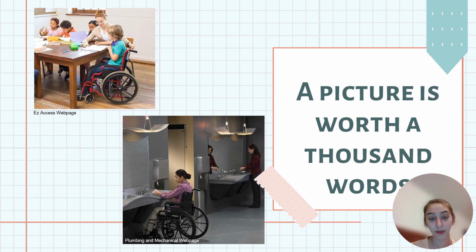And then in the second image on the bottom, you can see two females washing their hands in a public restroom where the countertop is wavy, so it gives an area for those who can stand to wash their hands, a little bit of a higher area, and even for those who are in wheelchairs, it gives them the proper height to wash up.